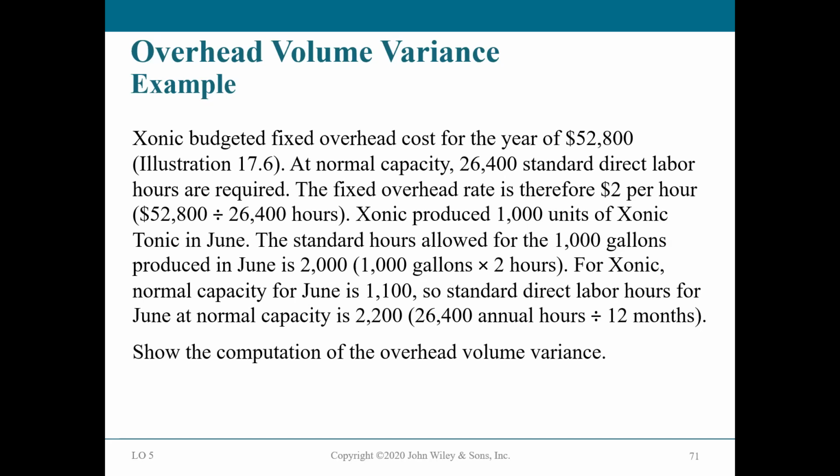We produced 1,000 gallons of Zonic in June. The standard hours for those 1,000 gallons is 2,000 because every gallon took 2 hours. For Zonic, normal capacity for June is 1,100 gallons. So standard direct labor hours for June at normal capacity is 2,200, which is our standard of 26,400 per year divided by 12 months.